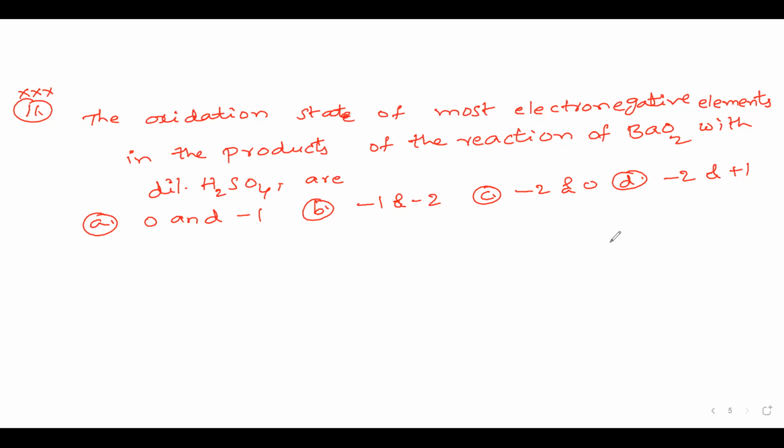So here barium peroxide on reaction with dilute sulfuric acid. What happens when peroxides combine with dilute acids? What does it form? You have to write the equation. So I'm writing the equation on the board. Just note it down.